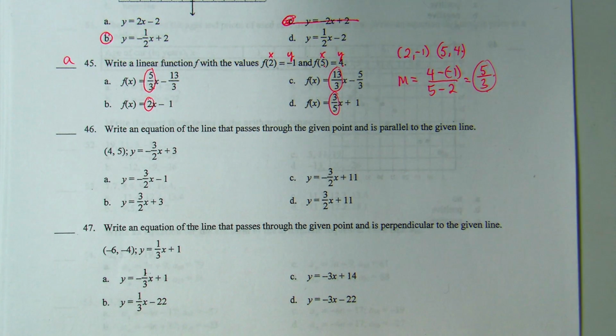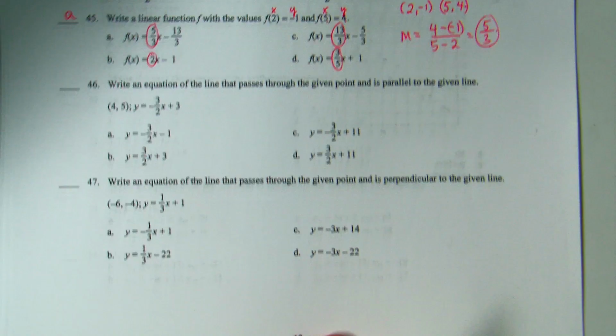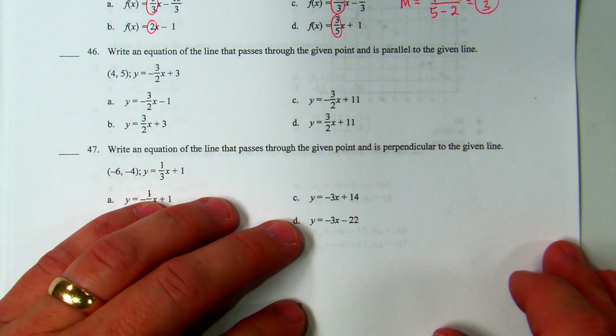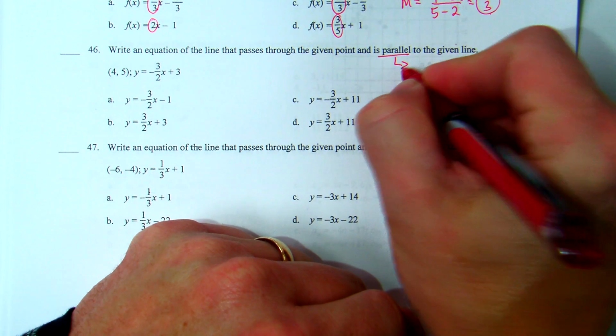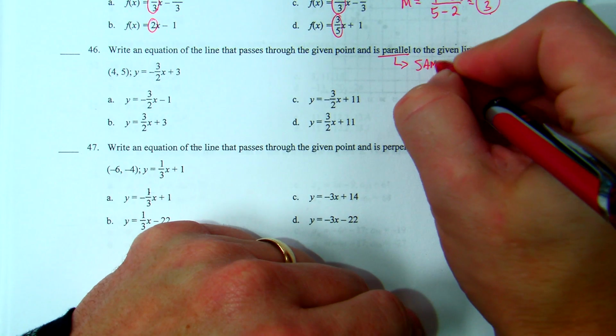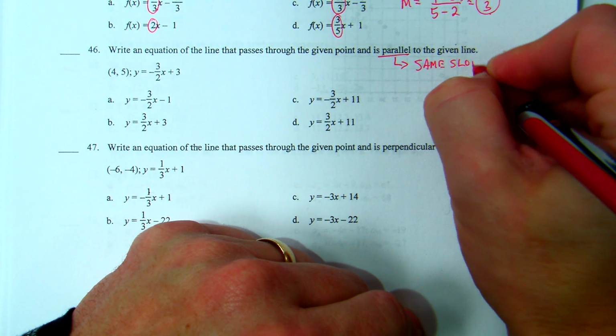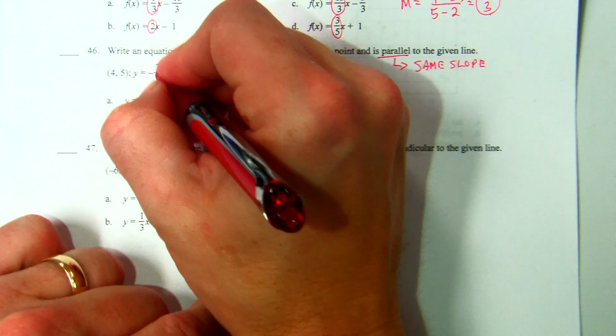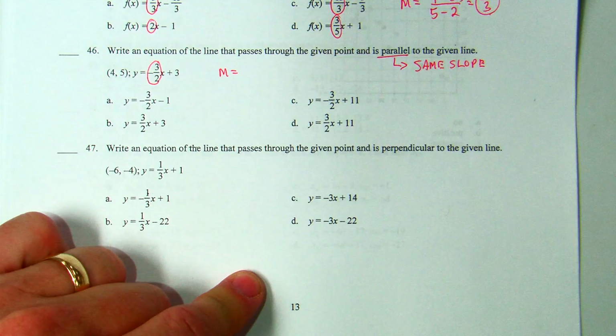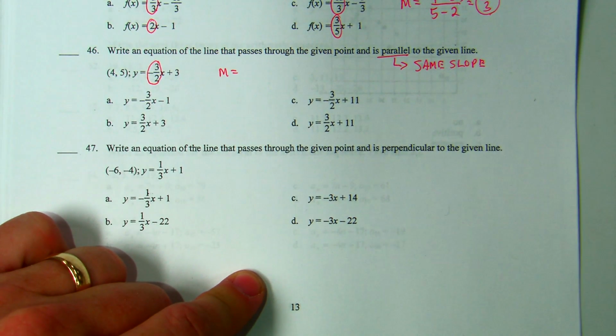All right, on 46, write an equation of the line that passes through the given point and is parallel to the given line. And we are going to be repetitive in this. I'm going to be consistent. Parallel means same slope. So we want our slope to be the same slope as that right there.